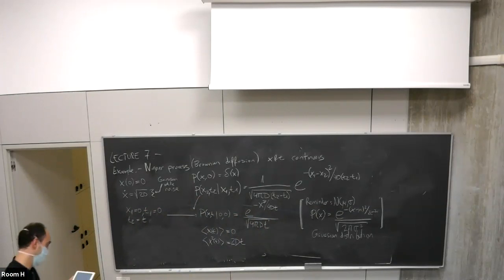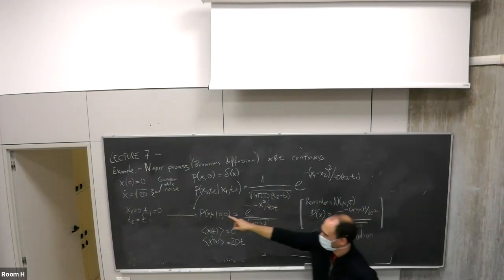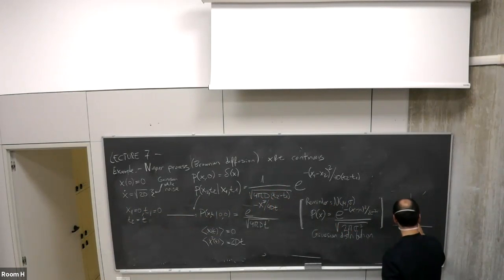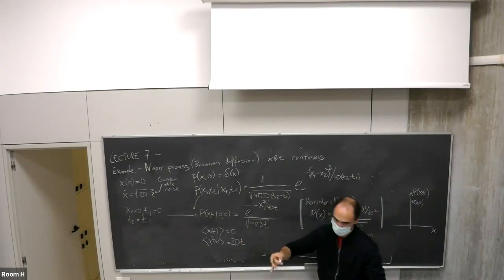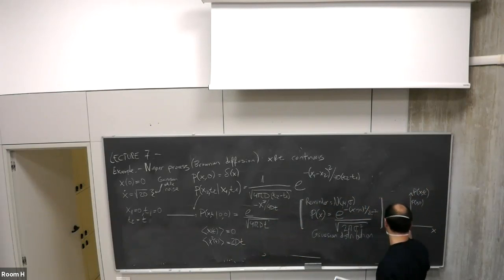In this process you have the distribution. For this particular case, at time 0, this is x, this is P of x and t. At time 0 you have a delta, this is P(x,0). As time goes, the variance is increasing, so you have a Gaussian that is spreading. Then you will have something like this, and then something like this.